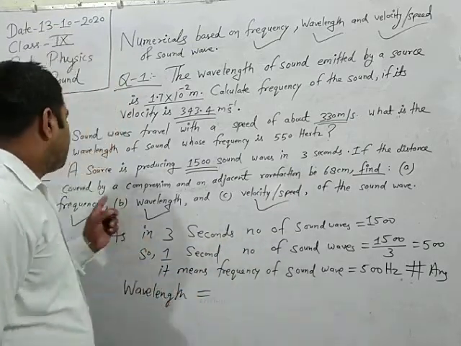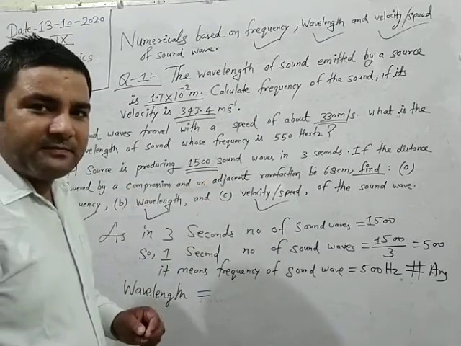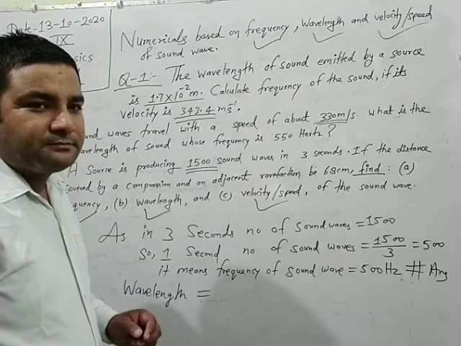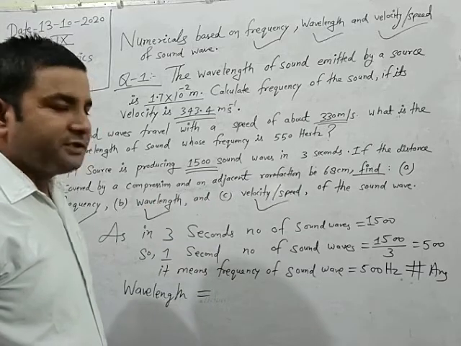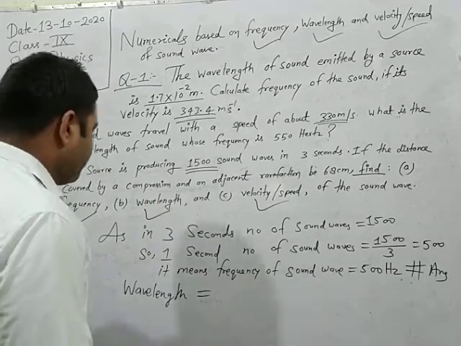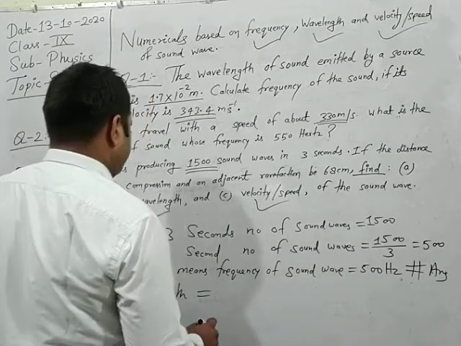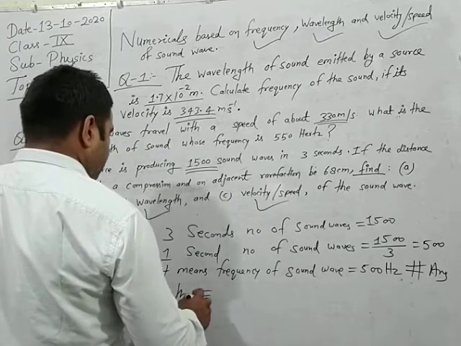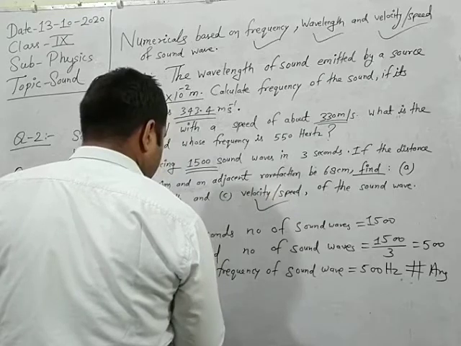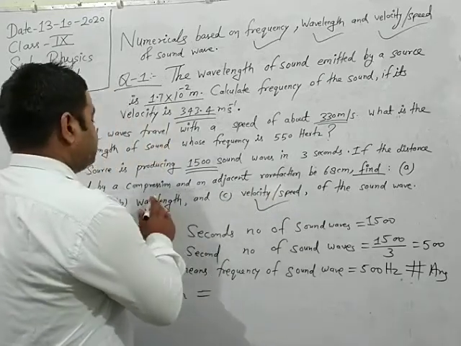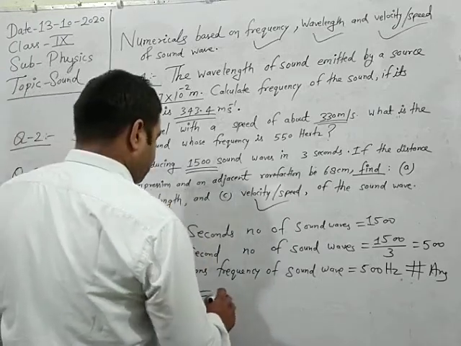Here, the distance covered by a compression and adjacent rarefaction is 68 centimeter. So wavelength is equal to the distance between adjacent compression and rarefaction.